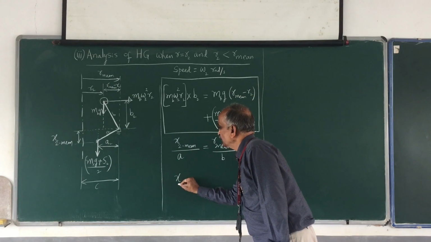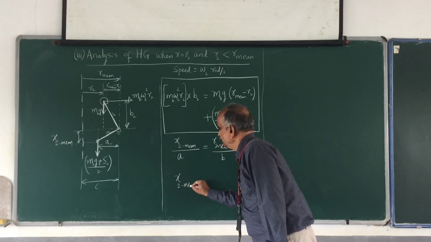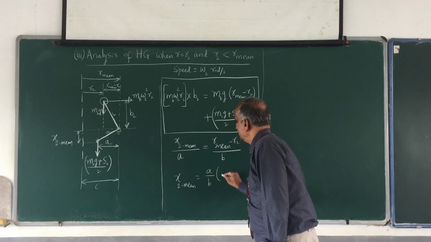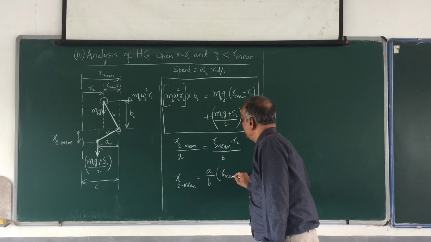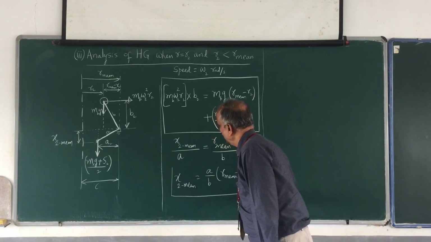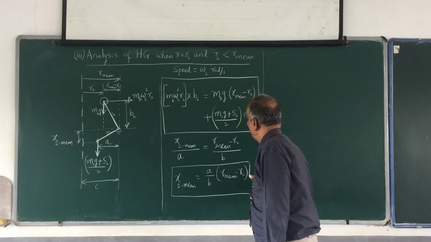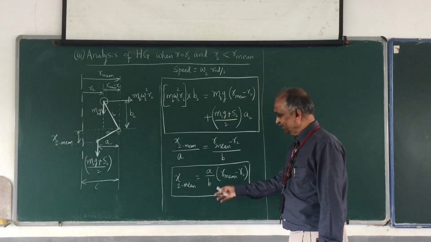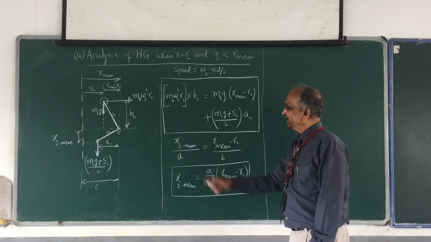Therefore, x2 mean is equal to a upon b multiplied by r mean minus r2. You may be surprised why I found this out. Anyway, I am going to relate it now.